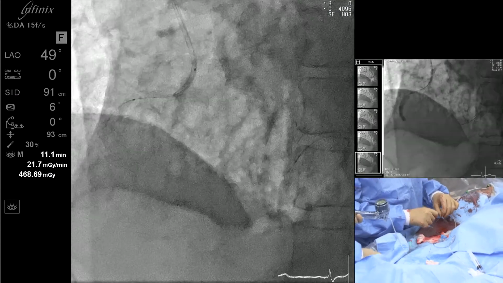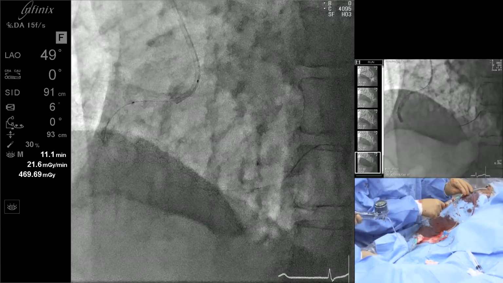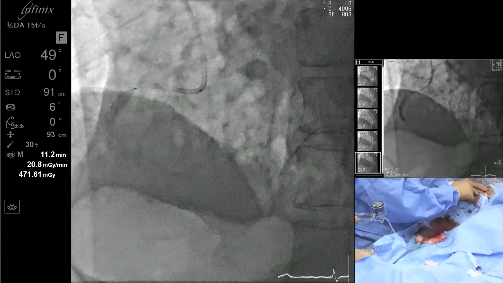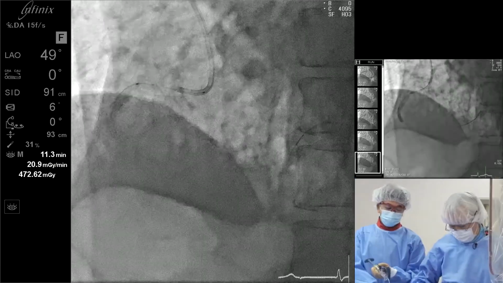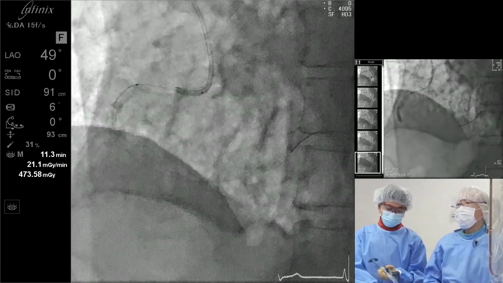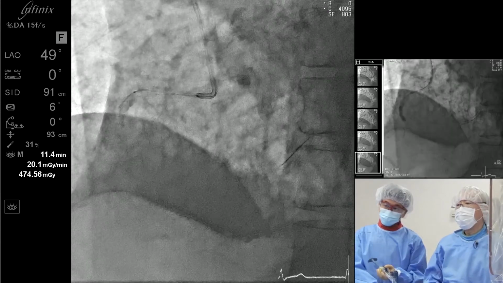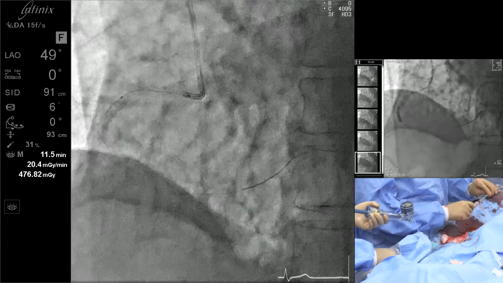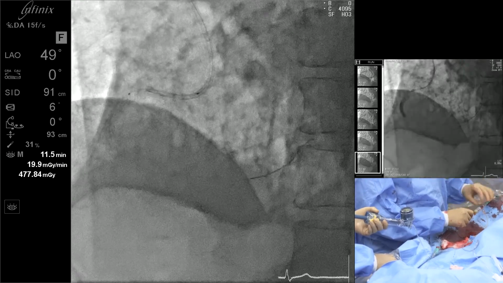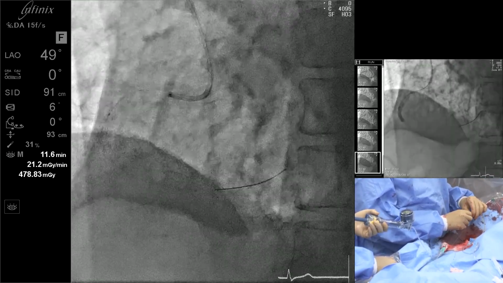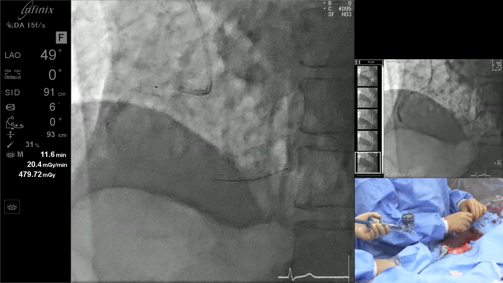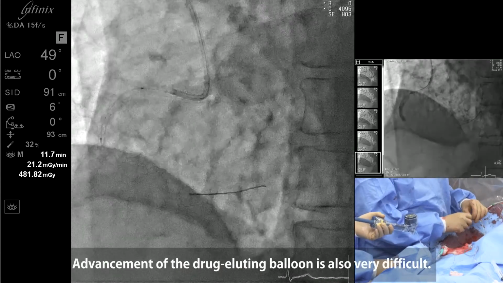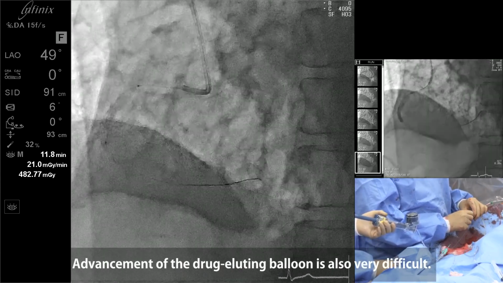Advance of the drug-eluting balloon is also very difficult.